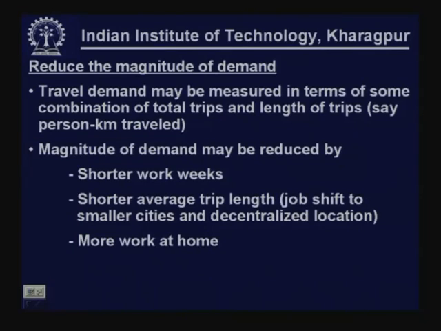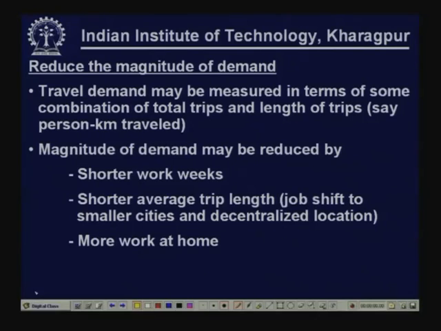So, magnitude of demand may be reduced in the following ways: shorter work weeks, shorter average trip length, and more work at home. All these are possible, nothing is impossible. Shorter work weeks, instead of maybe a 6-day week, it may be a 5-day week. The total working hours in a week still remain the same. So, if some offices operate on a 5-day schedule and some on a 6-day schedule, obviously the starting and closing time will be different.